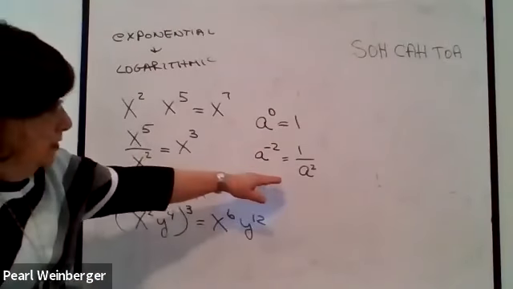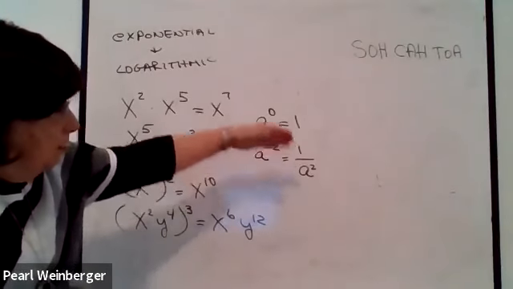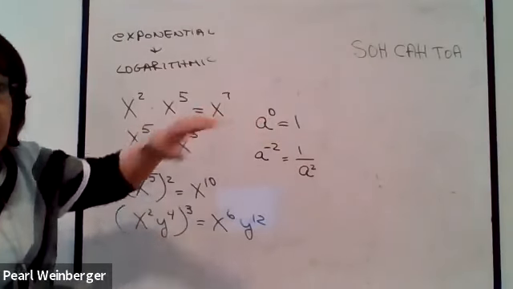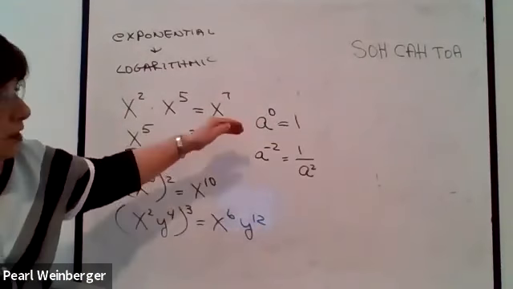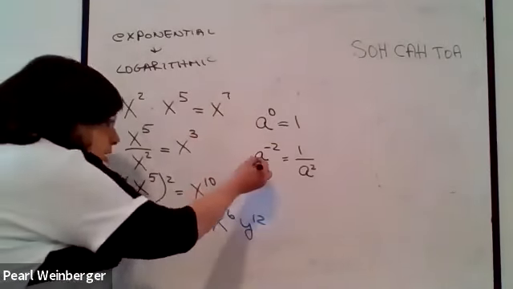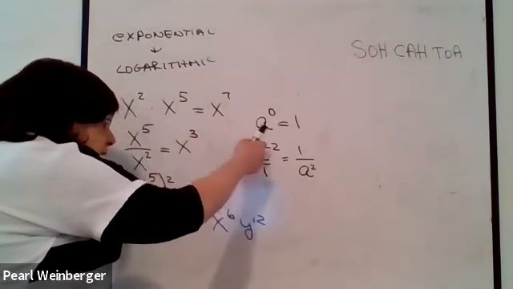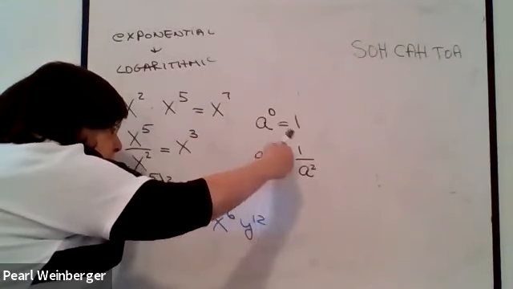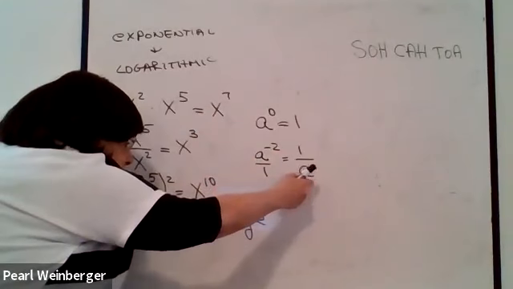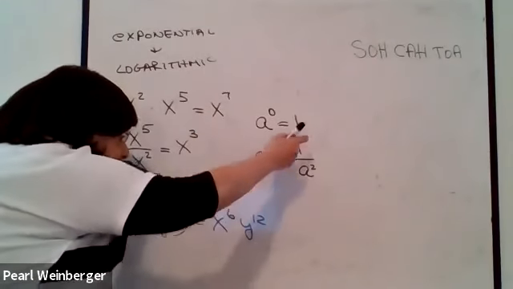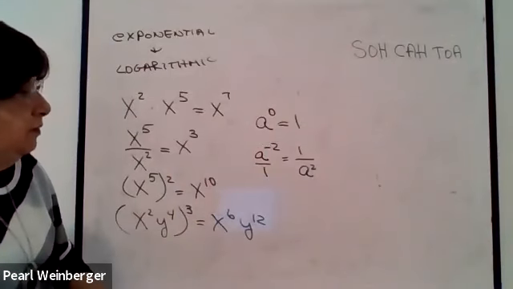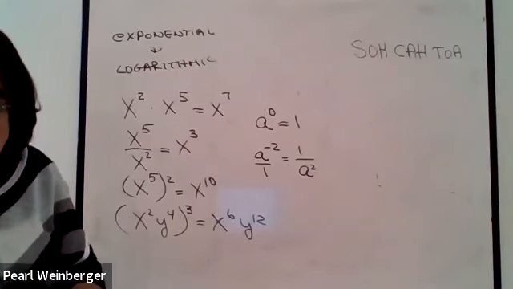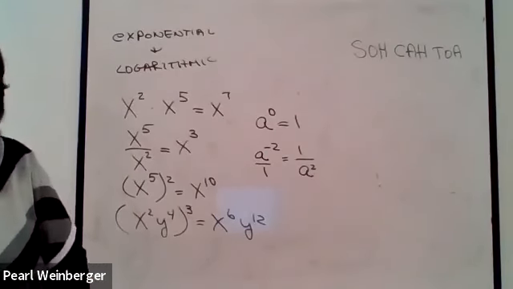Taking a reciprocal means flipping it around. Anything is really like as if it's over 1. If it's in the numerator, it goes to the denominator. If it's in the denominator, it ends up in the numerator. So a to the -2 is the same as 1 over a squared.